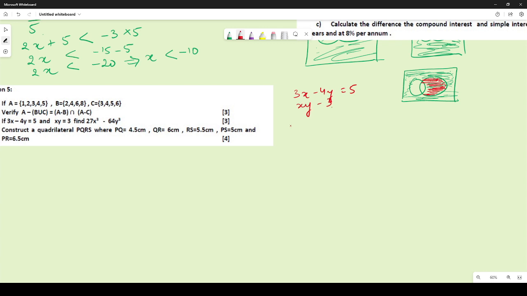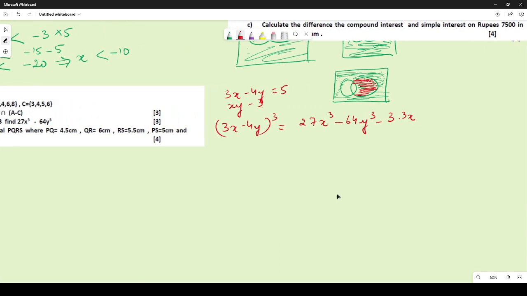Now remember, 3x minus 4y whole cube, when you do it, the formula will be 27x cube minus 64y cube minus 3 into 3x into 4y into 3x minus 4y, right?